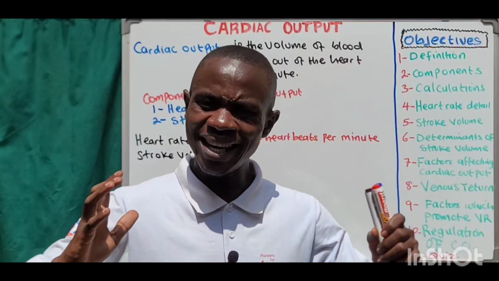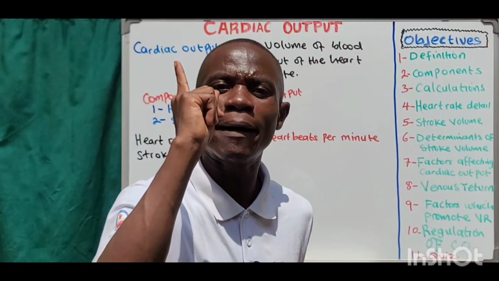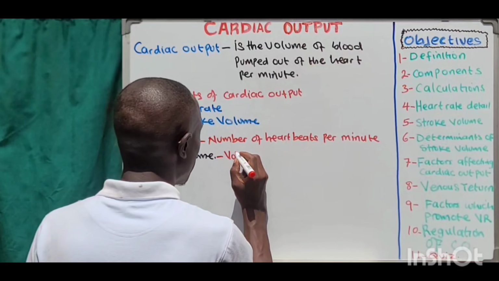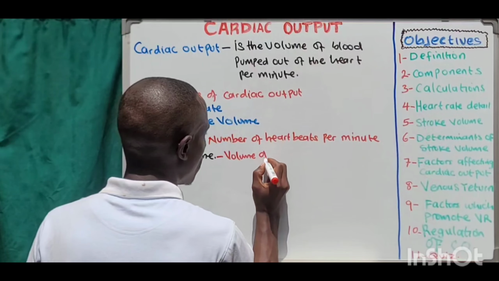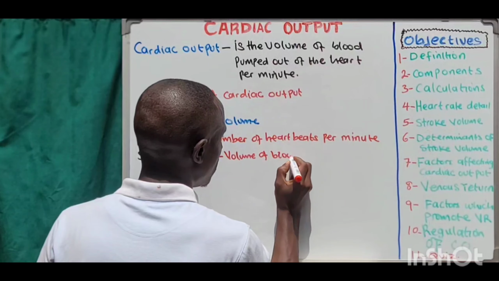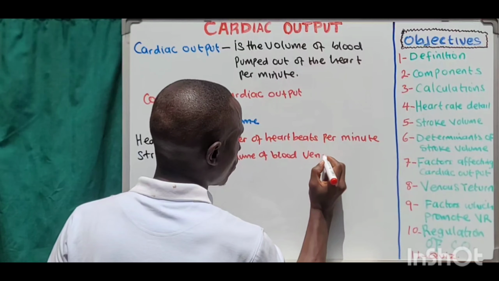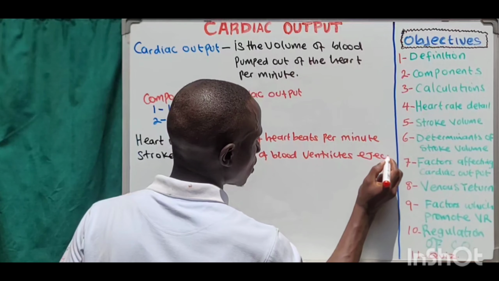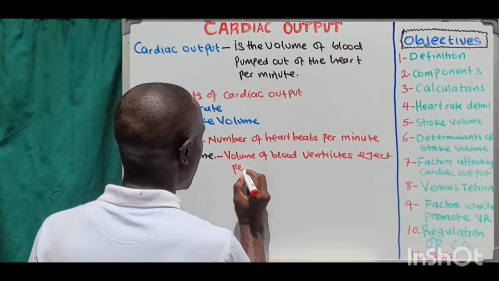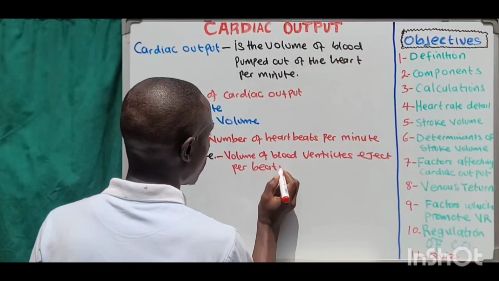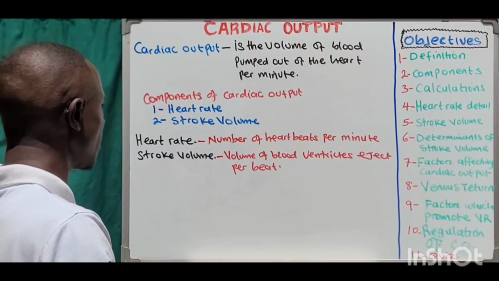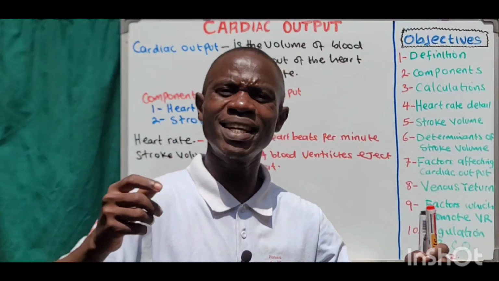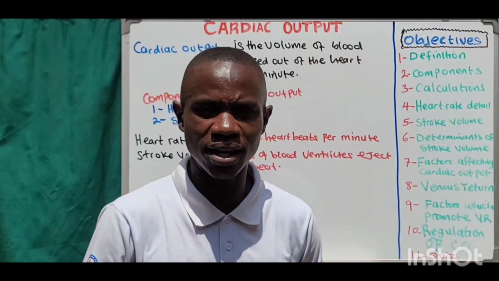The volume of blood the ventricles eject per beat. Now that we have seen what heart rate and stroke volume mean, let's go ahead and see how we approximate cardiac output.